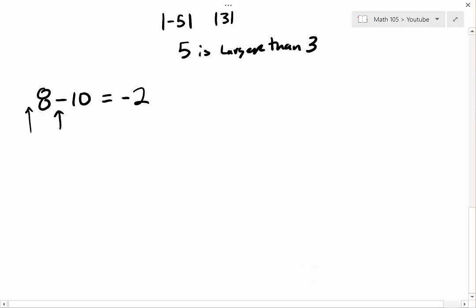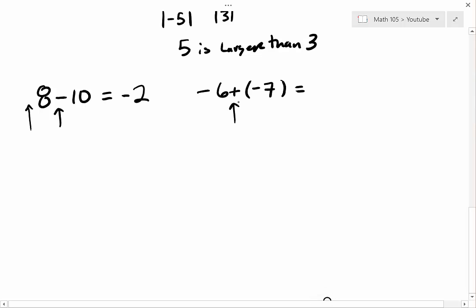Let's do another one. Let's say negative 6 plus negative 7 equals. In this case, you might say, well, this is just like the problem that we were doing before. And this is right. Even though they have a lot of signs, we need to get rid of those first. So a positive times a negative is going to give you a negative.